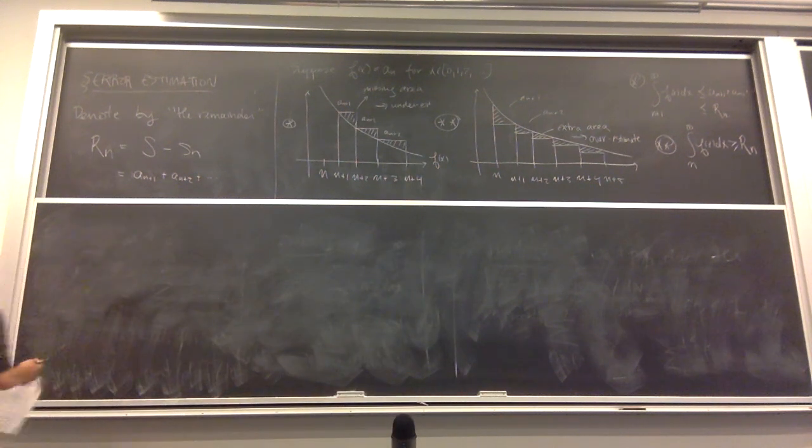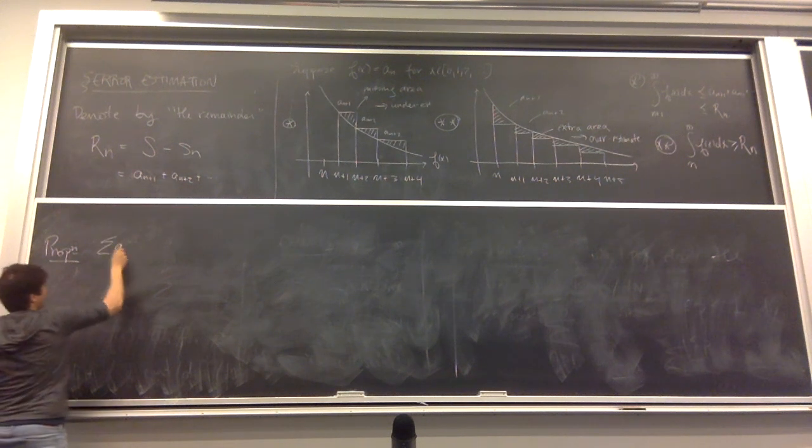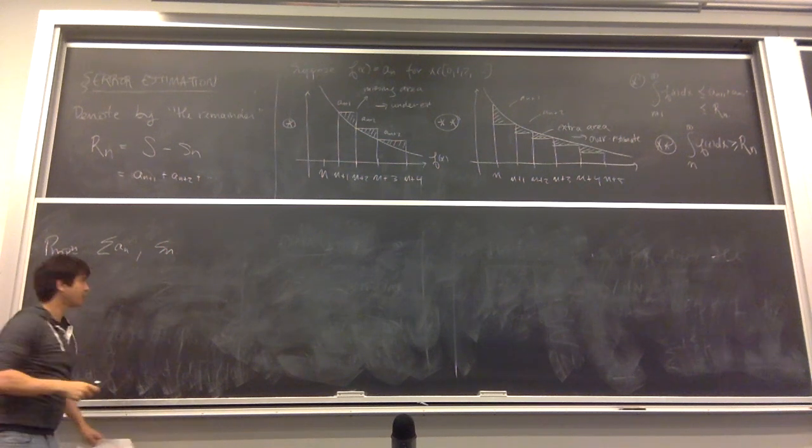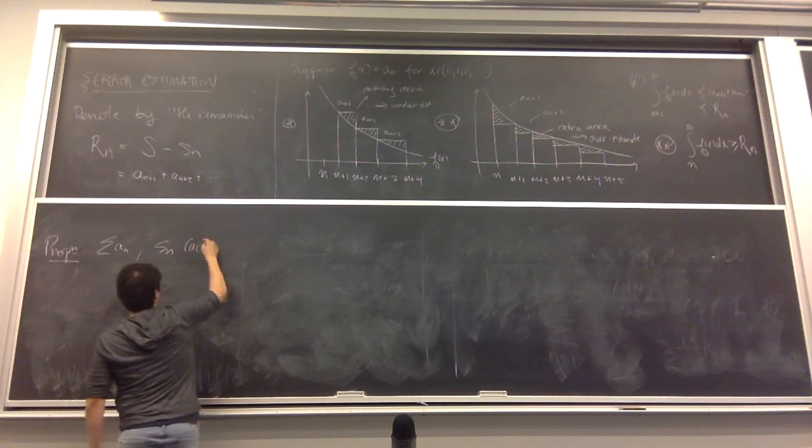Okay, so I'm going to give you a proposition, which basically is a codification of what I wrote up there. Suppose you have a sum of a n. You've calculated S n truly with a computer or something, like actually computed.